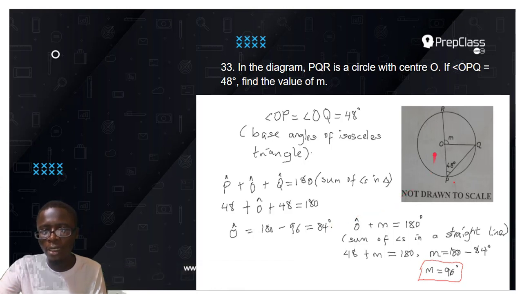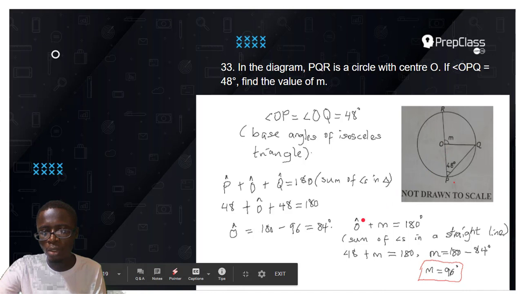So now, don't forget, ROP is a straight line, and we now know the angle from here to this portion is 84 degrees. So what do we add to 84 to give us 180? In other words, angle at O plus angle M is equal to 180.